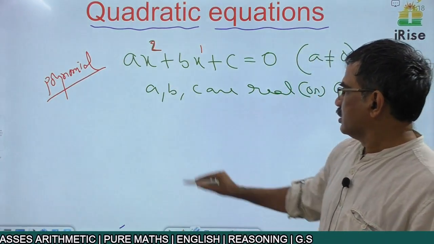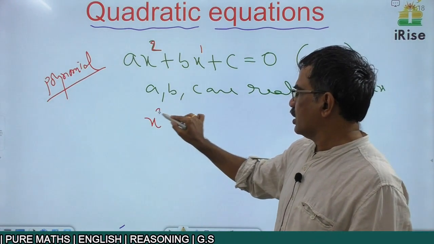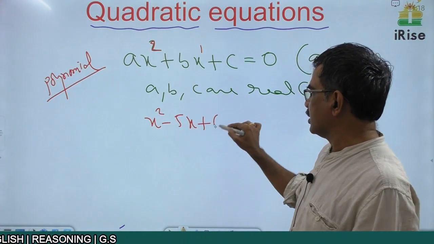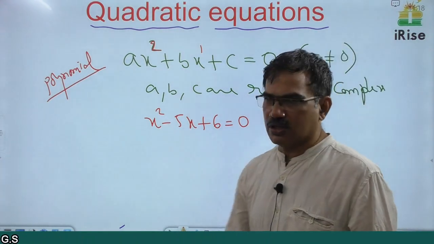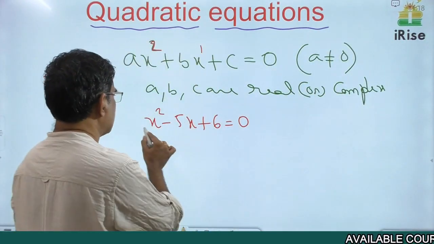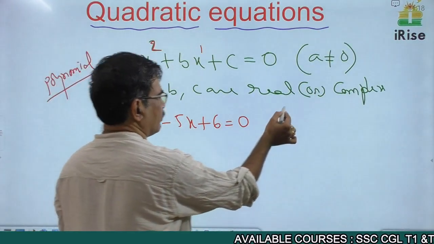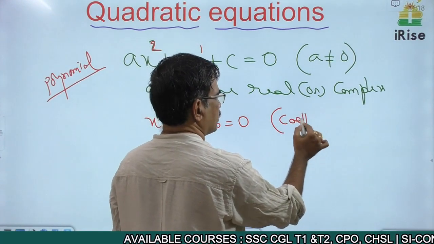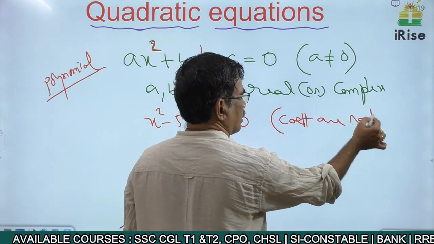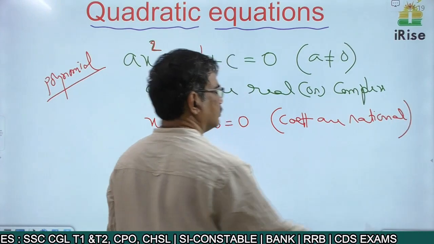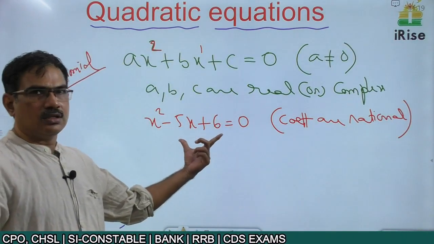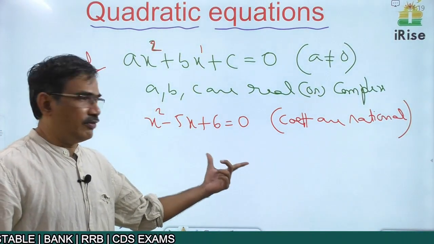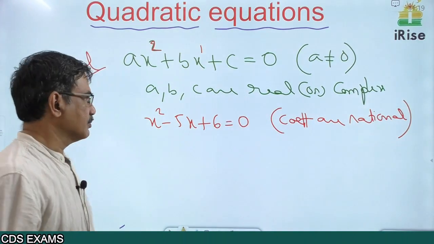Then example, x square minus 5x plus 6 is equal to 0. This is one example. Here the coefficients are 1 comma minus 5 comma 6, coefficients are rational. This is a quadratic equation having rational coefficients.